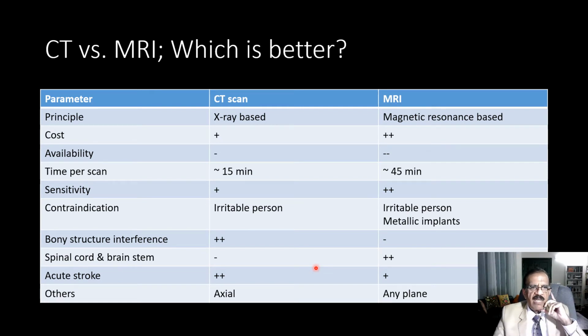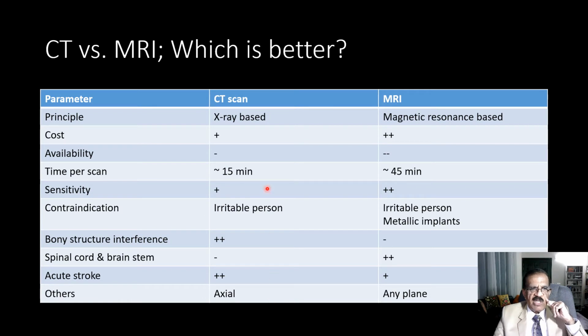So I think here CT scan is a winner, because CT scanners are available in more centers and it takes much less time. Especially if you're considering thrombolysis or thrombectomy, time is money, so you can have CT scan much faster than MRI. So I think CT is a winner.